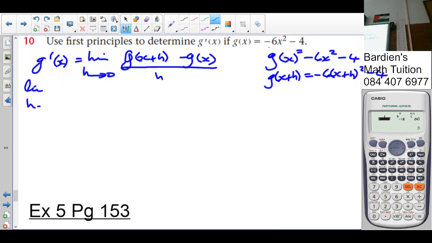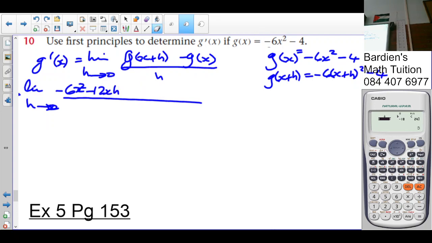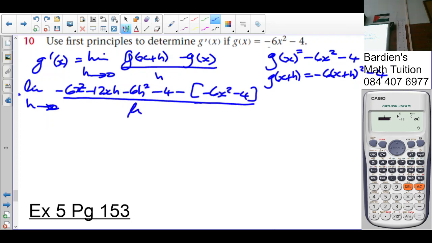So it's the limit as h approaches 0 of negative 6x squared minus 12xh minus 6h squared minus 4, minus negative 6x squared minus 4, all over h.